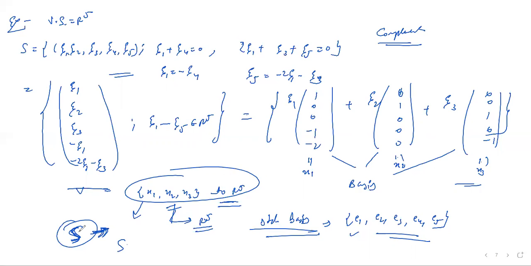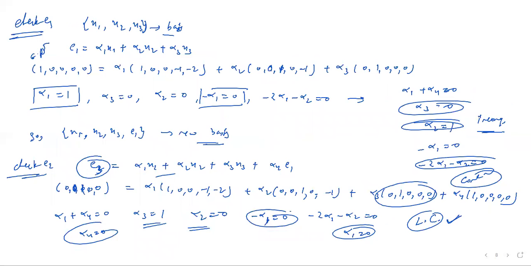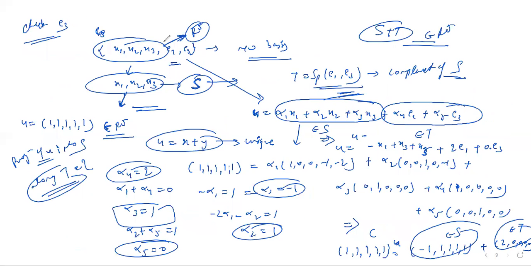Because I have to generate S plus T equals R^5, the whole vector space, I have to extend these bases to R^5, and the additional basis would be my complement. The extension gives me two more vectors, E1 and E3, and this is my complement of S.